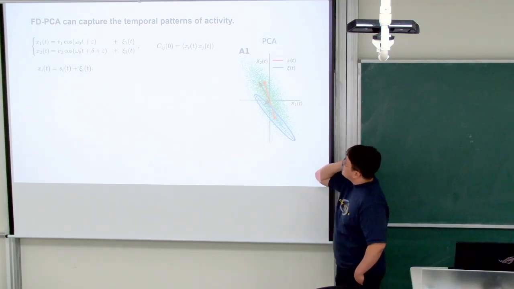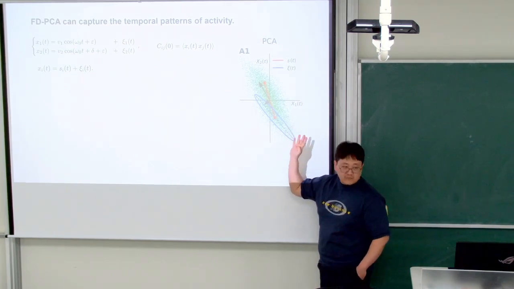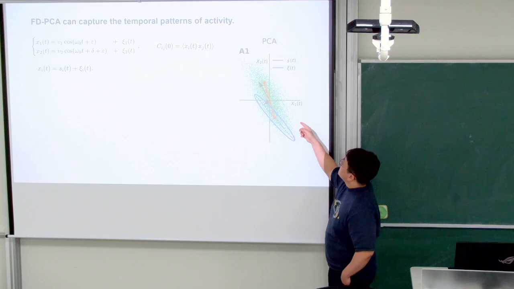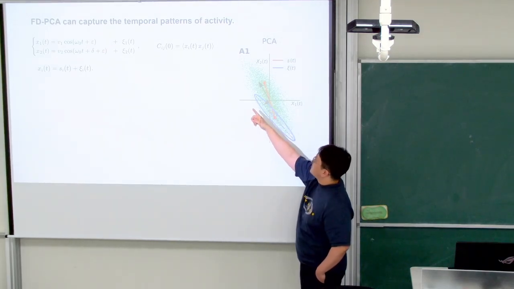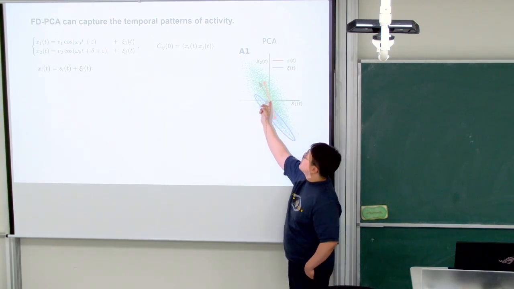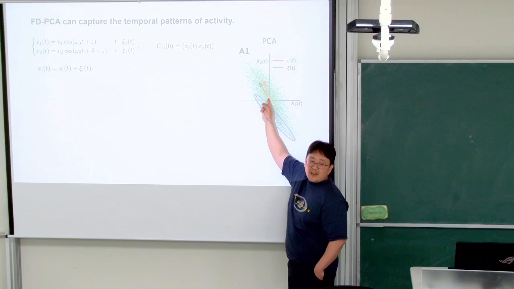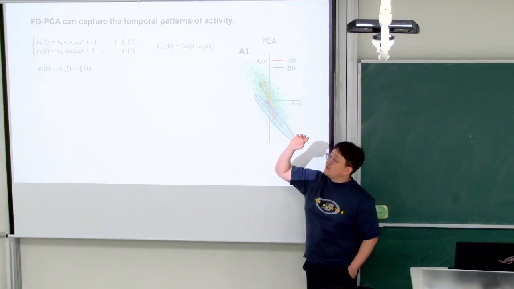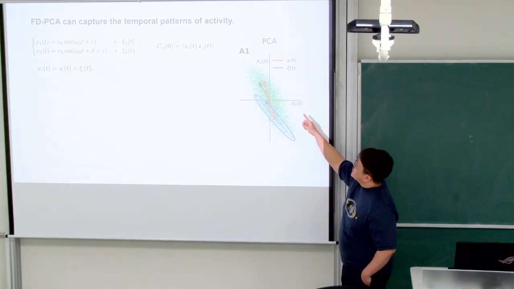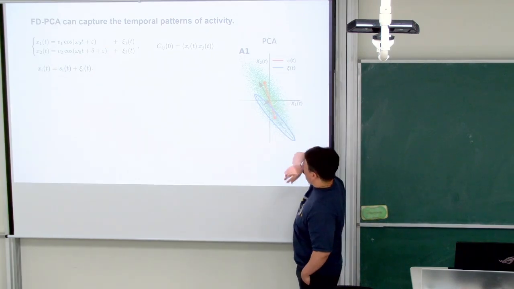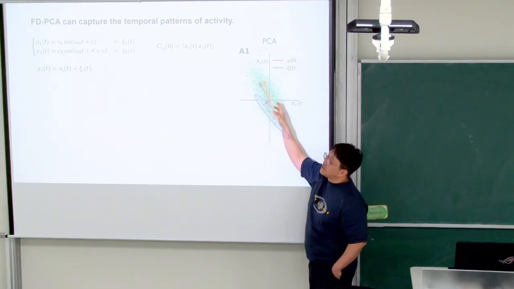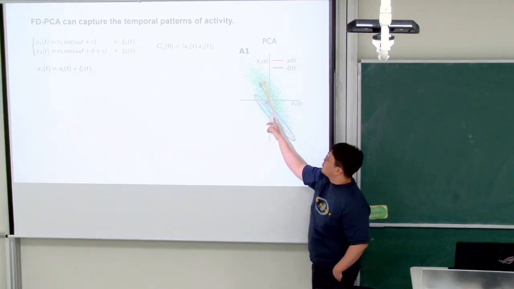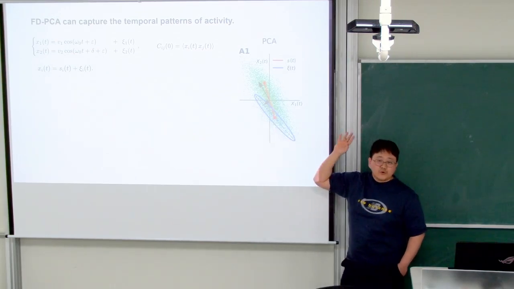These green colored points are data points, and after applying the PCA on this covariance matrix C, you will get this black arrow. The red line corresponds to the signal direction, and the blue circle corresponds to the noise direction.